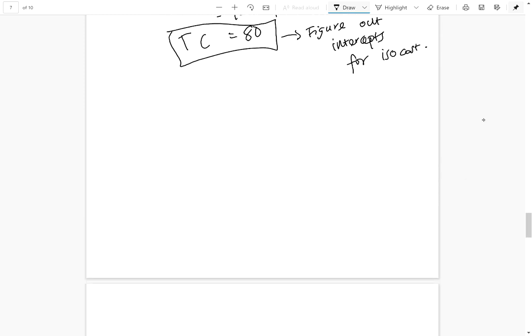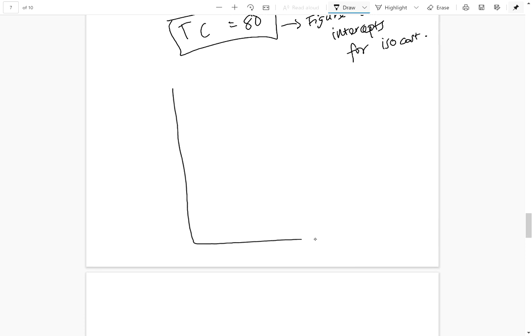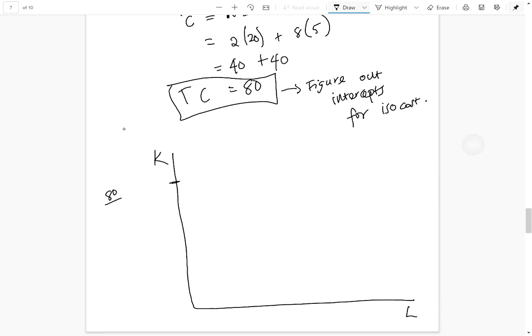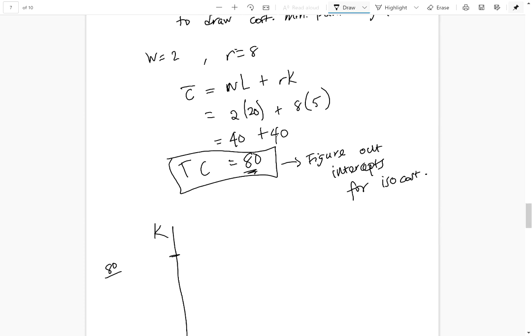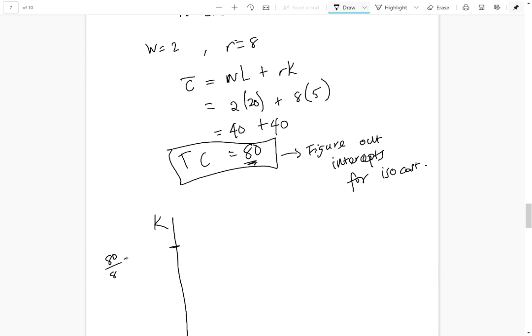So let's start drawing that. K and L. If we spend all of our money on K, then where all of our costs is 80, we just calculated that, where the cost for each of them is 8, then we'll be able to get 10 units.